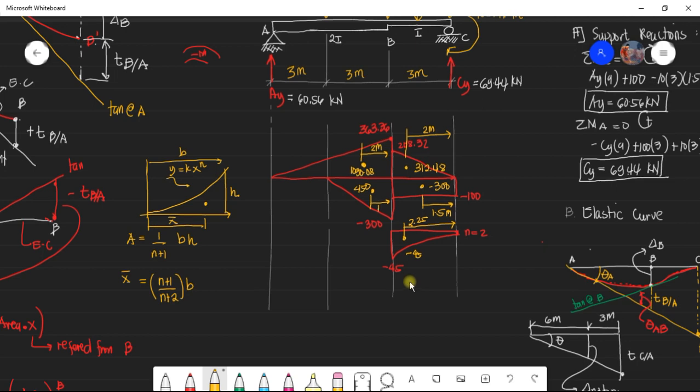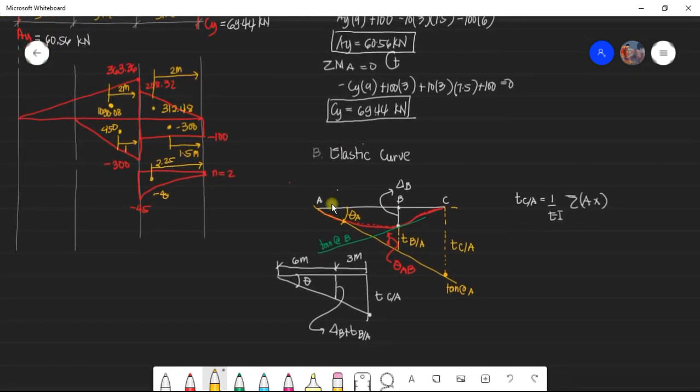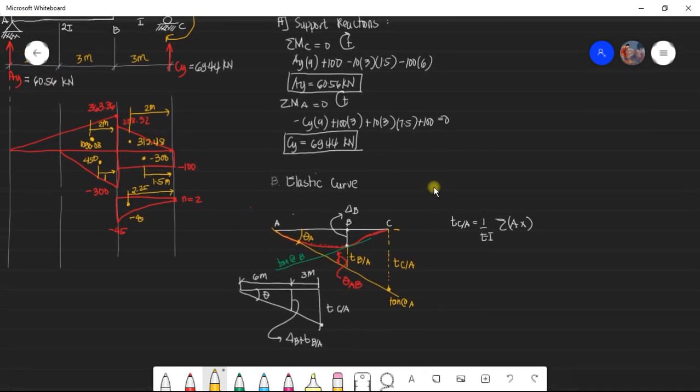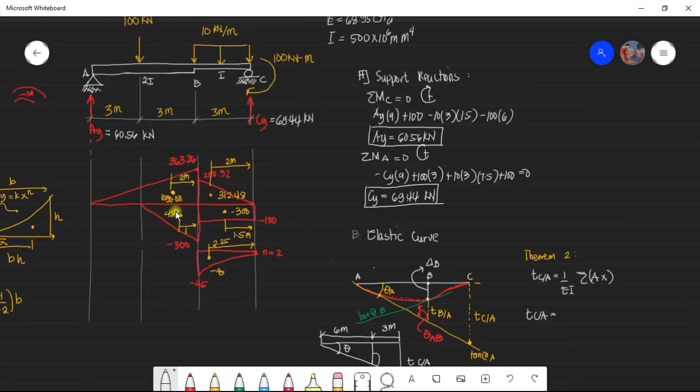Okay? Kailangan natin tupain lang yun. So, TCA, apply theorem 2. TCA, or the deviation at C, is equal to 1 over EI, pero tignan mo kasi meron tayong magkaibang EI. 2I itong dalawang area na to, tag-I lang yung itong mga area na yan.